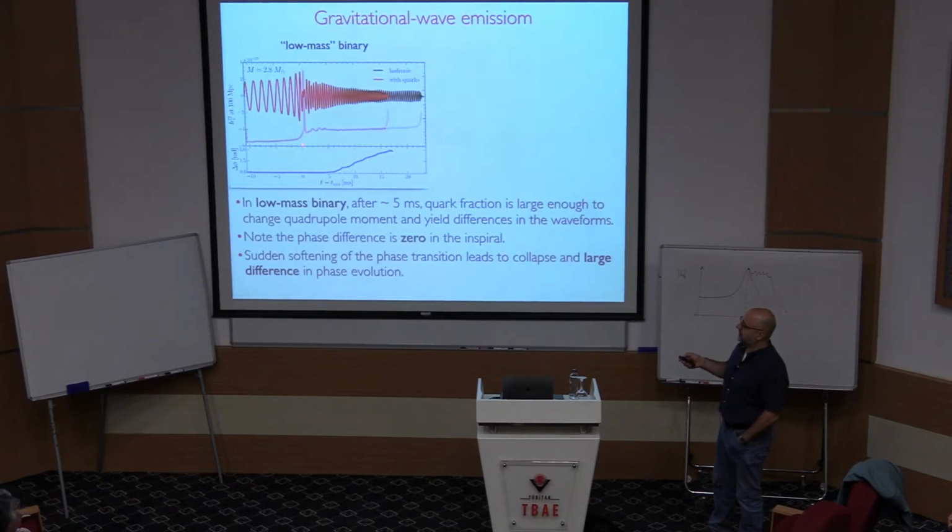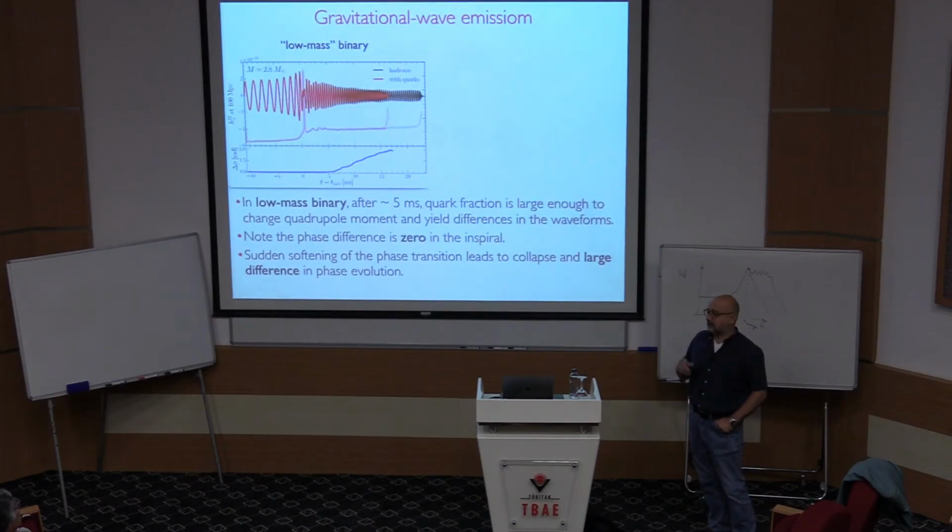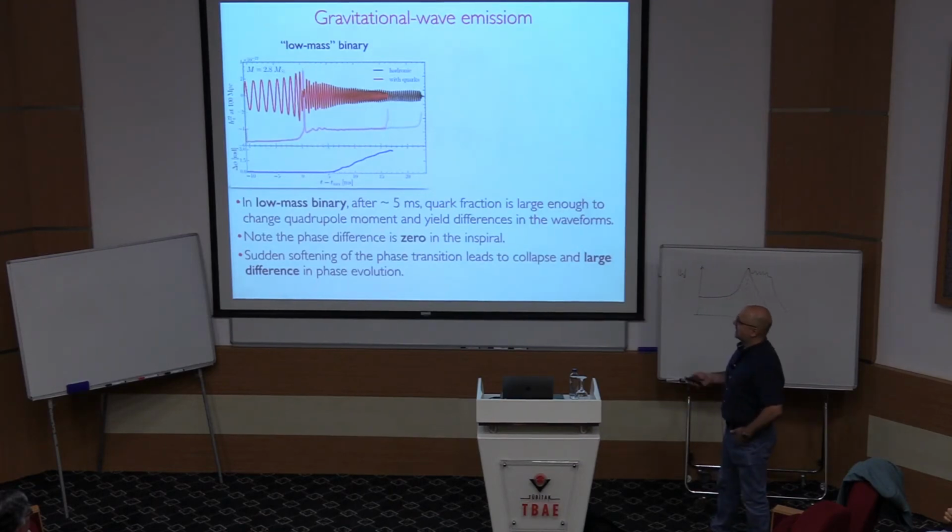There is no appearance of hyperons or quarks, and everything matches what you would expect for a hadronic equation of state, which also means that you know the collapse would happen at a given time. So if the collapse happens earlier, that is a strong signature that there was a phase transition. It's a mismatch between what you see in the inspiral and what you actually see after the merger. That would be a signature.